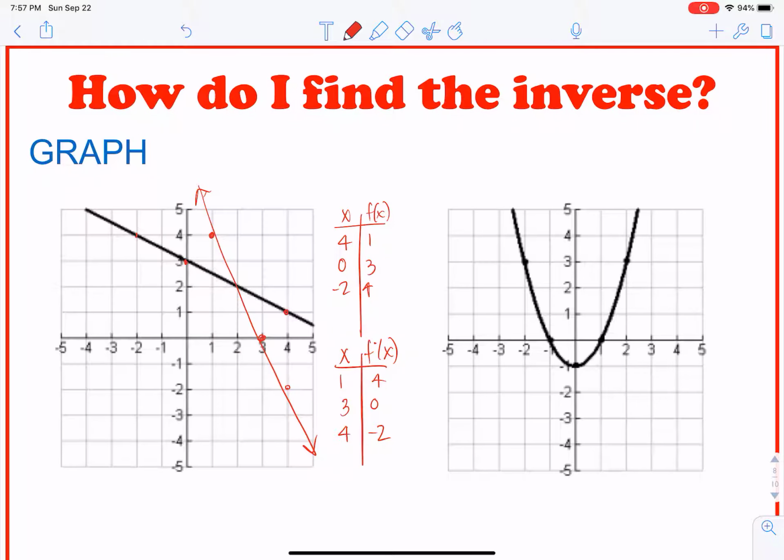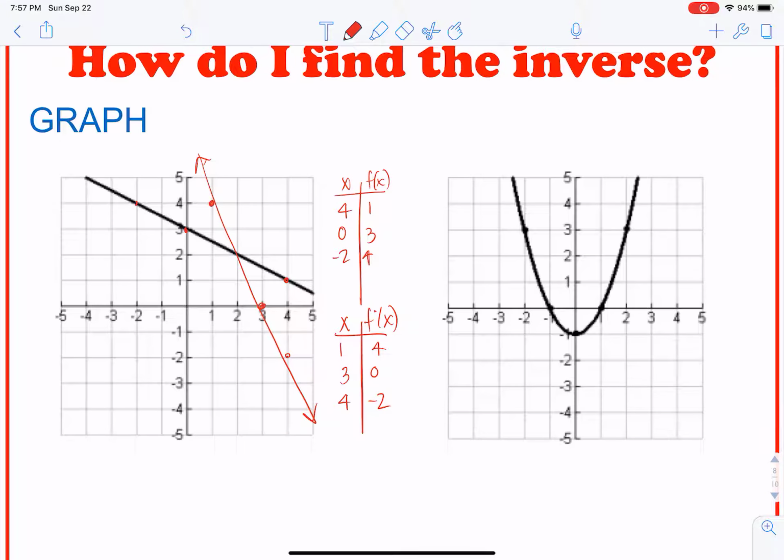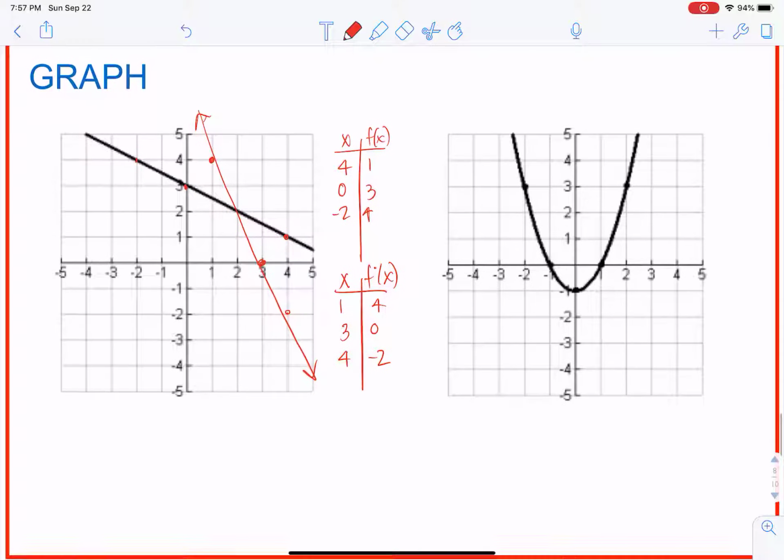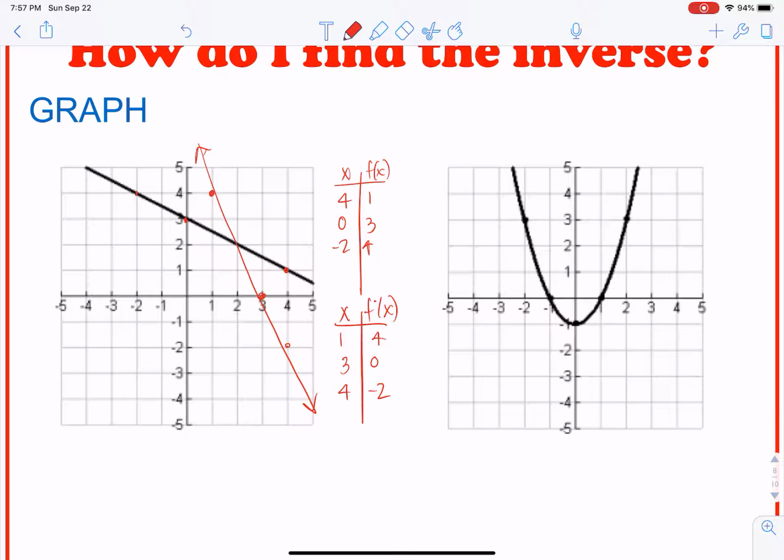Great. Moving forward to this over here, right off the bat, I can see that this fails my horizontal line test. So this won't necessarily have an inverse that is a function, but we can still create the graph. We can still find the inverse of the function. So I can do this the same way that I did my other values.